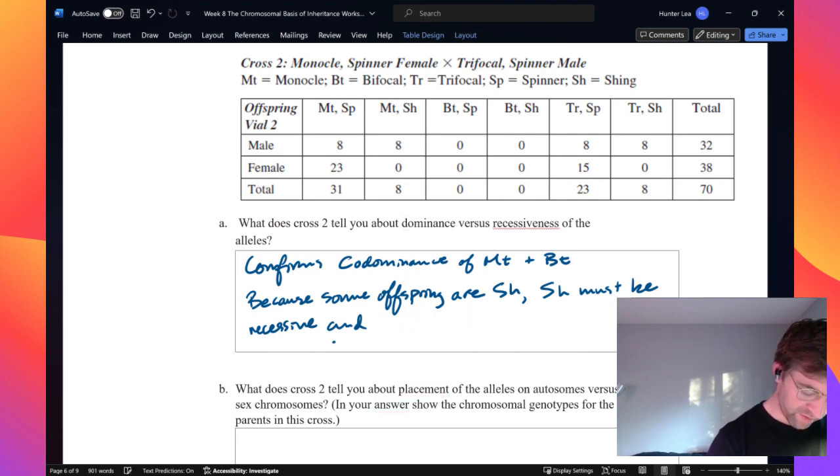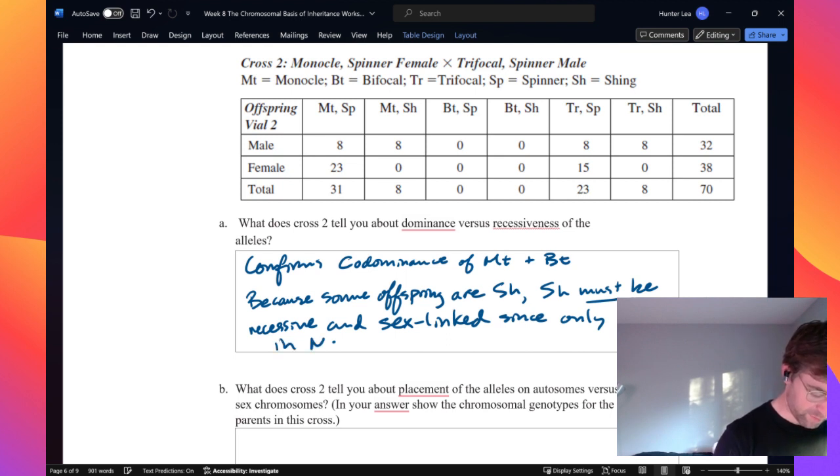Shiny must be recessive and sex-linked, since it's only expressed in male offspring. Wow, even I can't read my handwriting sometimes. Cool.